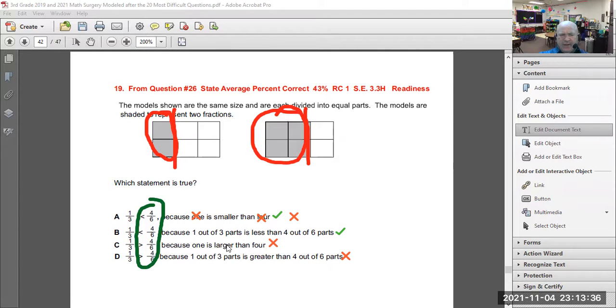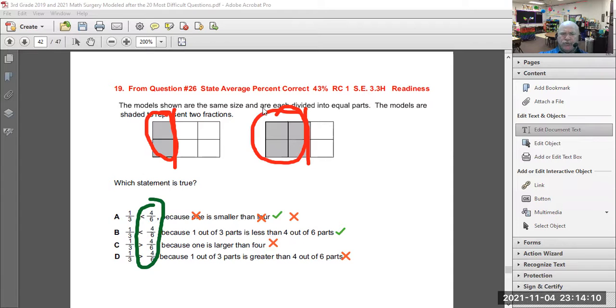So let's take a look at this other choice. 1 out of 3 is less than 4 out of 6, which is what we said. One group out of the 3 groups that we divided them into is less than 4 shaded out of 6 total, because 1 out of 3 parts is less than 4 out of 6 parts.